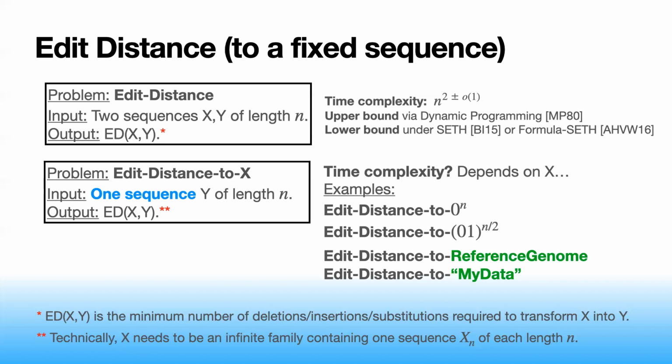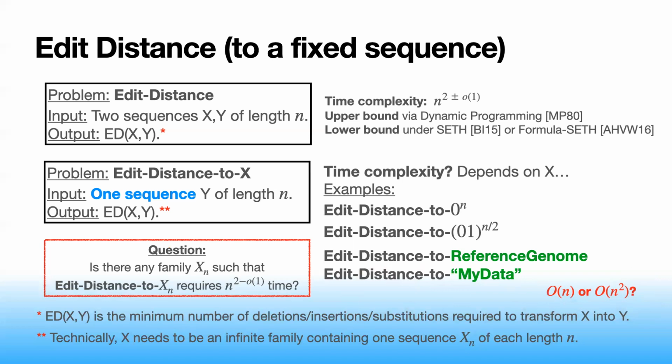And in general, someone or some company might have a certain sequence X, and they might only care about computing the distance to their X. And they would like to know, is the complexity for their problem quadratic, or perhaps it's possible to solve it in linear time for their data.